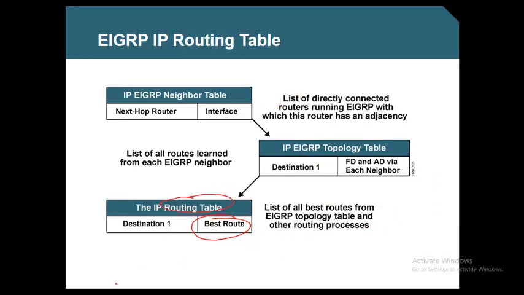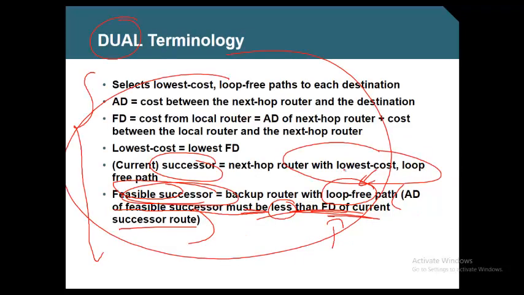So EIGRP maintains three tables. One is the neighbor table, which will have the list of neighbors, the connected interface and the next hop address of the neighbor. The topology table will have the successor route and the feasible successor route for every destination. For that, it uses the Diffusing Update Algorithm, DUAL. What that means is what is explained in this whole page, which we will be seeing in our next class.